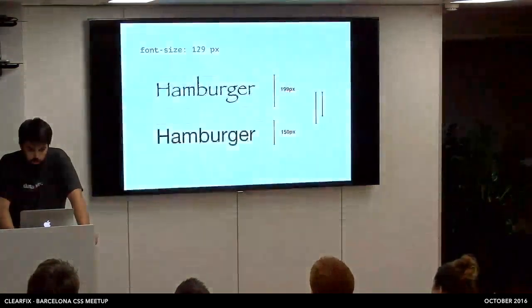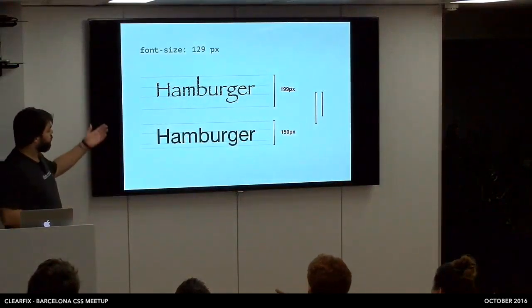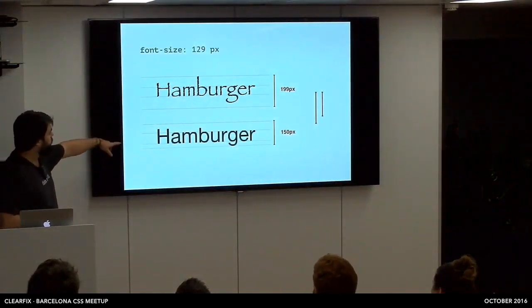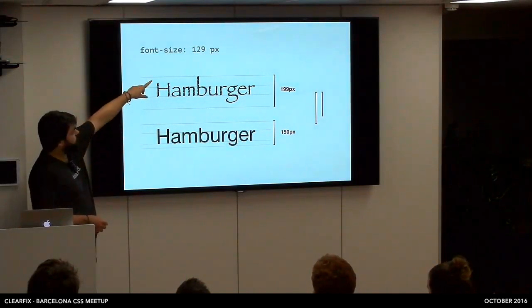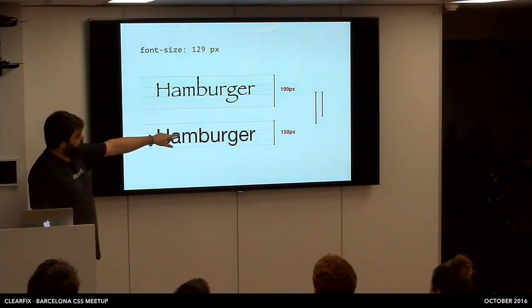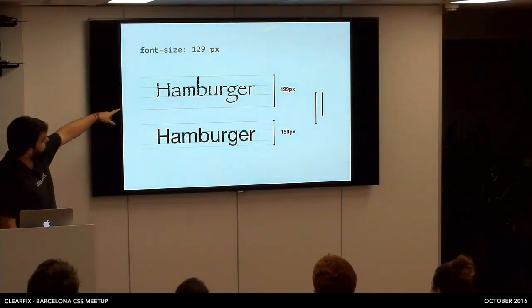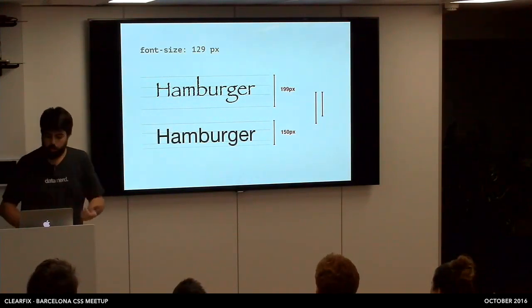Typographies could have different line heights. Both typographies are rendered at the same size, and in Helvetica the line height is 150, and in Papyrus the line height by default is 199. So there's a big difference.